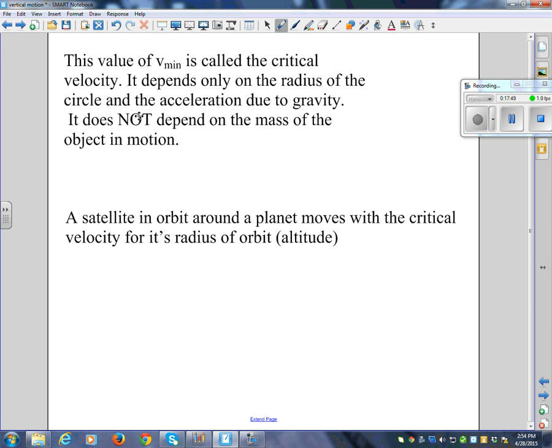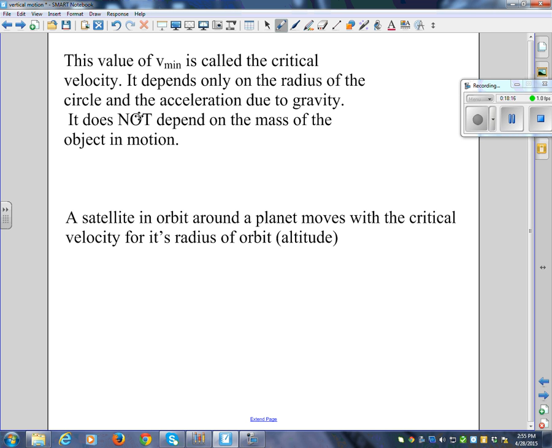Now, if you work for Nortel or Bell or whoever, and you put a satellite into orbit, what speed does it have to orbit the Earth at? The critical velocity. Because if it's not going fast enough, it's going to eventually degrade and fall to the Earth, crash and burn.